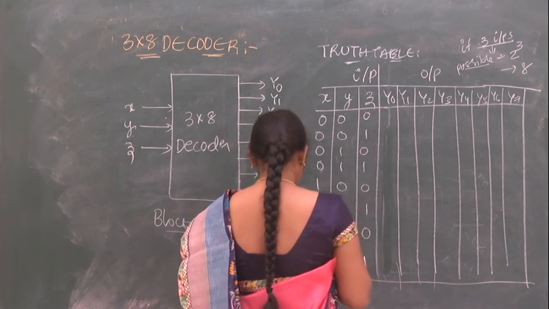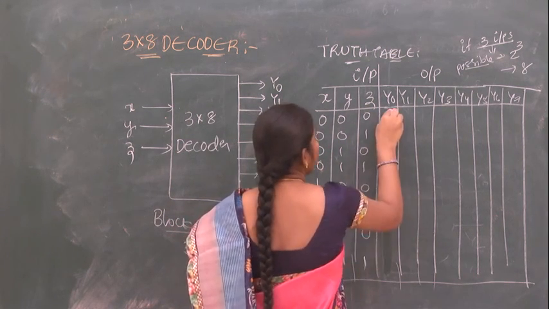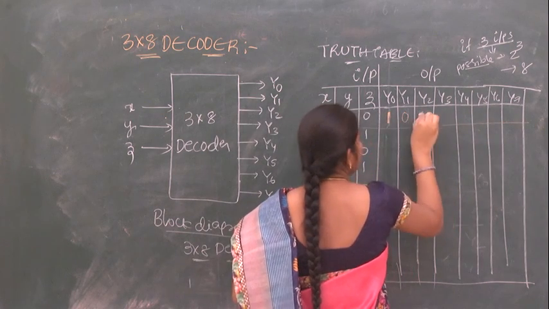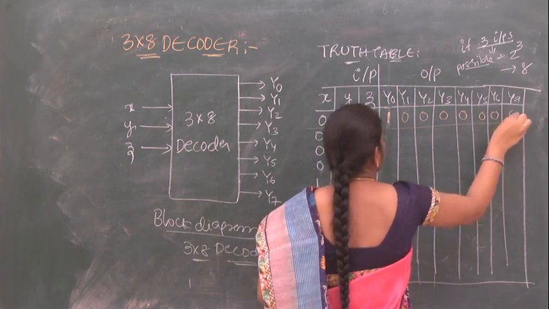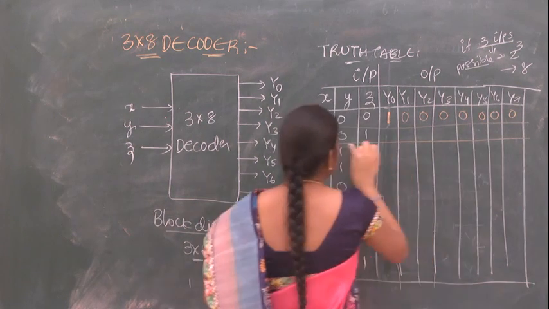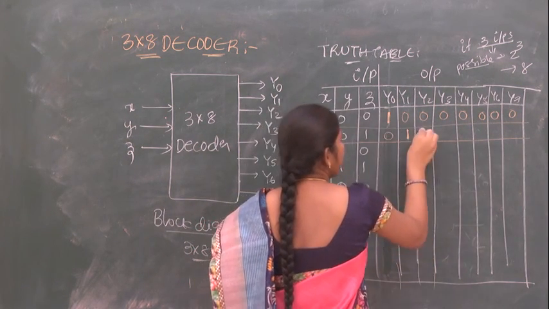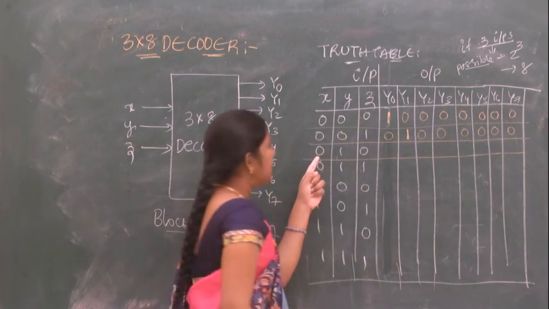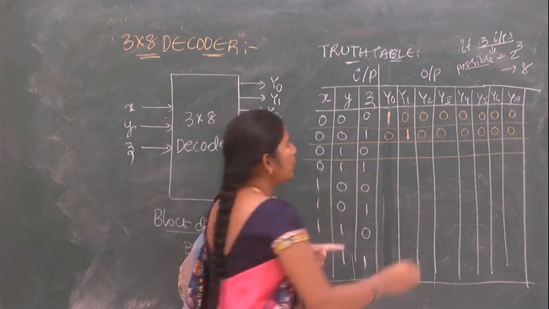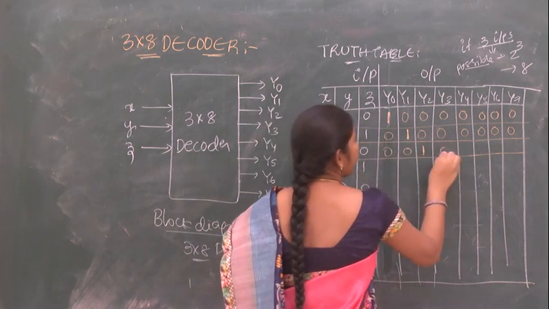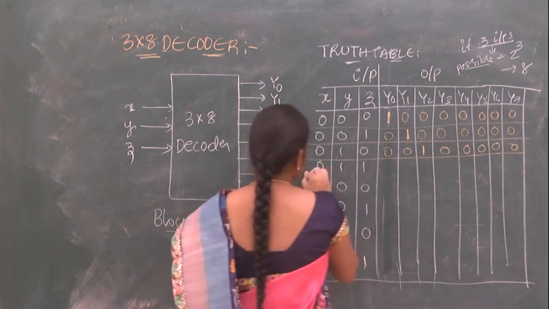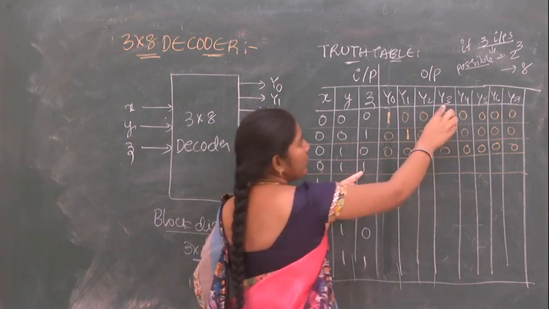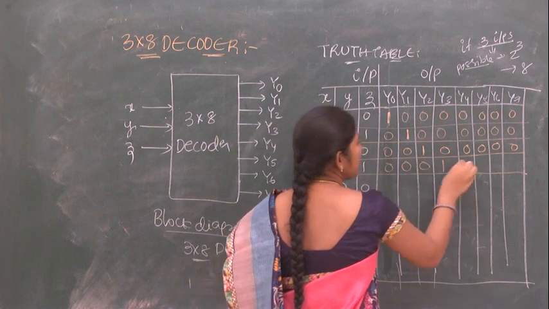So 000 means Y0 is high, the remaining all are zeros. For 001, Y1 is high, the remaining all are zeros. 010 means 2, so Y2 is high, the remaining all are zeros. 011 is 3, so Y3 is high, the remaining all are zeros.